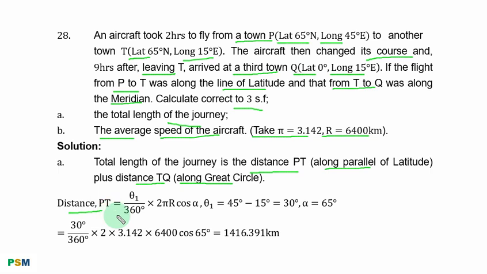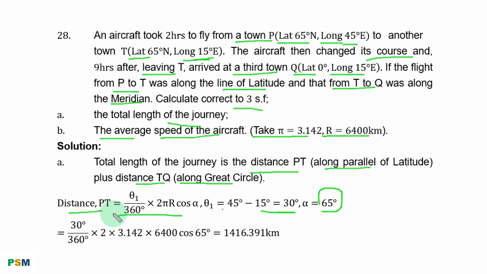Distance PT is given by this formula, where theta 1, the angle of longitude, is 45 degrees minus 15 degrees. They are on the same side of the prime meridian. You subtract to get their angular difference, and that is 30 degrees. Alpha, angle of latitude, is equal to 65 degrees.